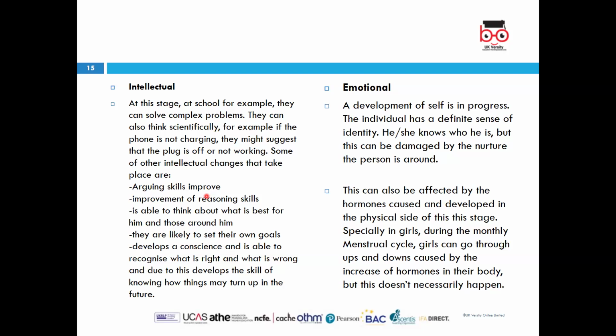So from the emotional point of view, a development of self is in progress. The individual has a definite sense of identity. They know who they are. This can be damaged by the nurture concept. Okay, we'll talk about this in a brief time. So this can be affected by hormones also, emotional triggers.